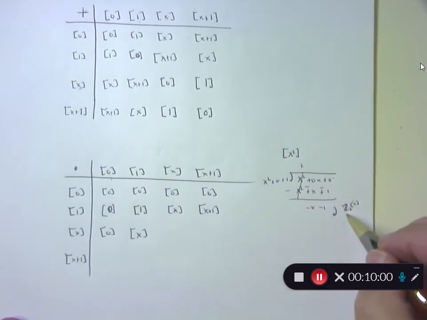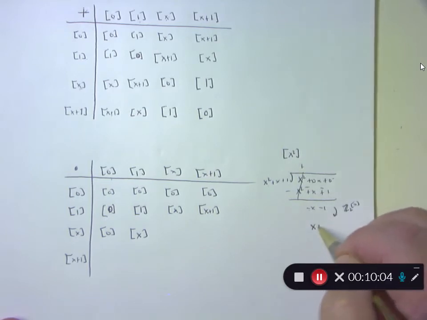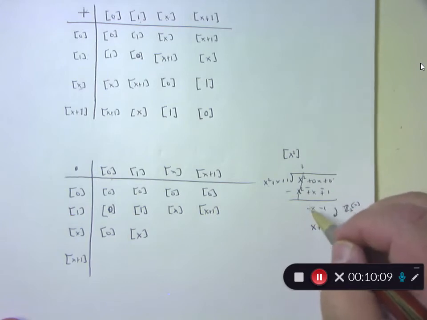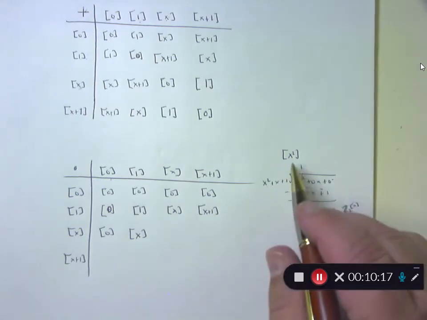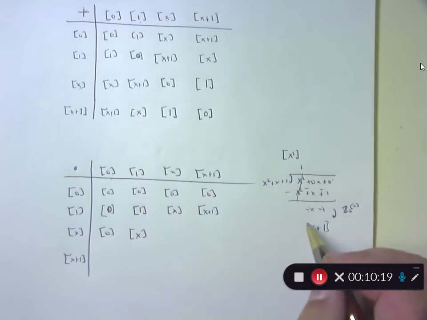Z2's got to be either 0 or 1, so negative 1, just pretty much add 2 to it, would become positive x, and negative 1 adding 2 to it becomes positive 1. You've got to convert these coefficients back into Z2, and the easiest way is just keep adding 2 until you get a number between 0 and 2, not including 2. So x squared is equivalent to the equivalence class x plus 1.